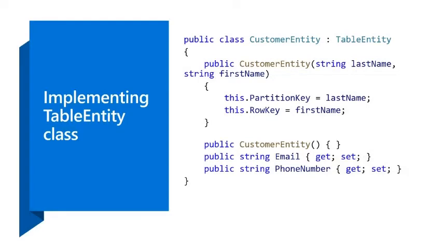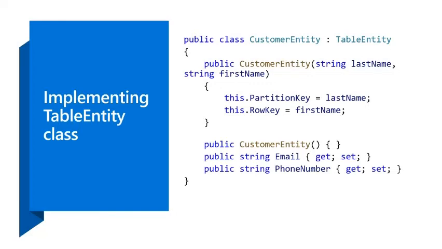Implementing the table entity class. To insert or query an entity, the easiest way is to implement a POCO class that inherits from TableEntity. This class contains properties for required fields such as row key and partition key. If you don't know what a POCO class is, it stands for plain old CLR object.